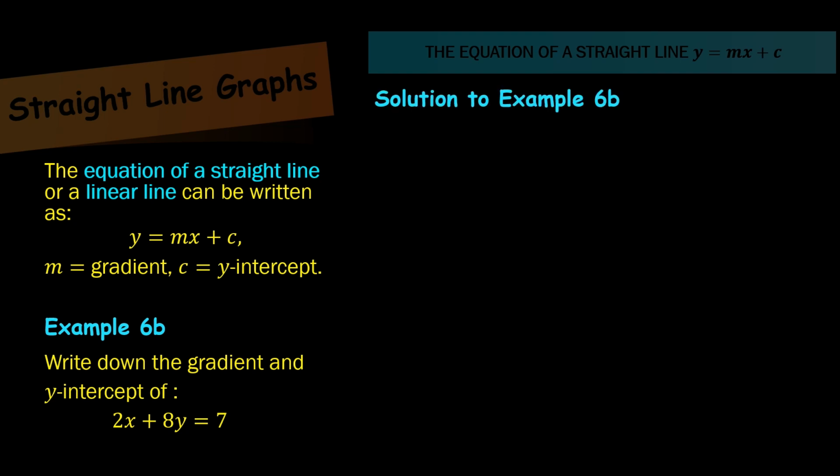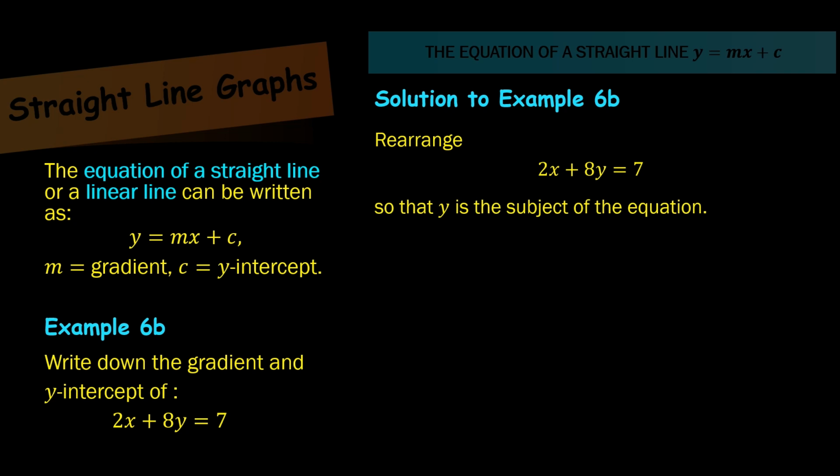So let's solve this. If we rearrange 2x plus 8y equals 7 so that y is the subject of the equation, we have that 8y equals minus 2x plus 7. Here we've subtracted 2x from both sides.